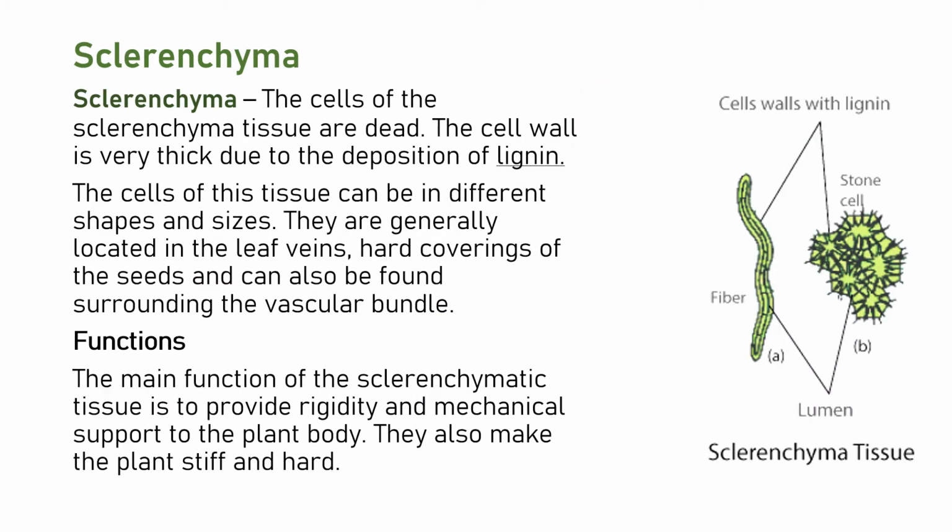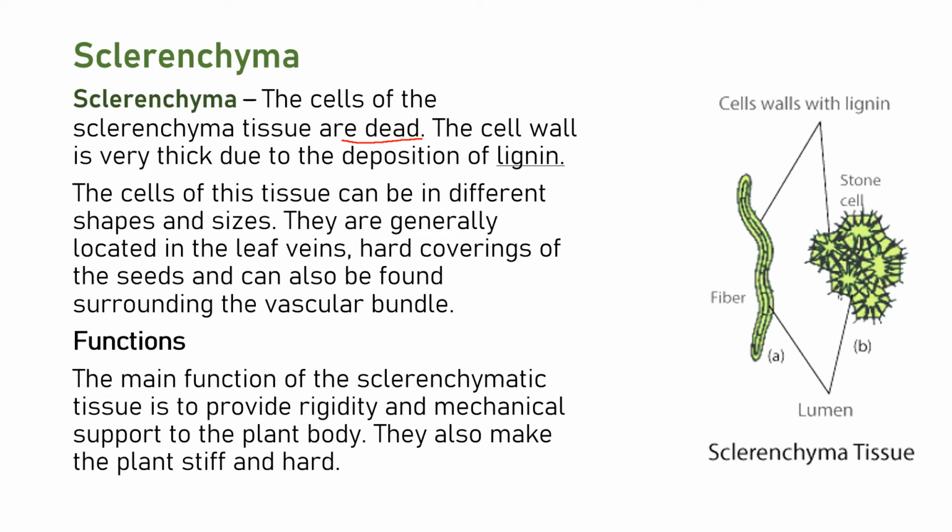Now coming to the sclerenchyma. Here, the very important part is sclerenchyma. The cells of sclerenchyma tissues are dead. So sclerenchyma is non-living tissue. It is made up of dead cells, right?